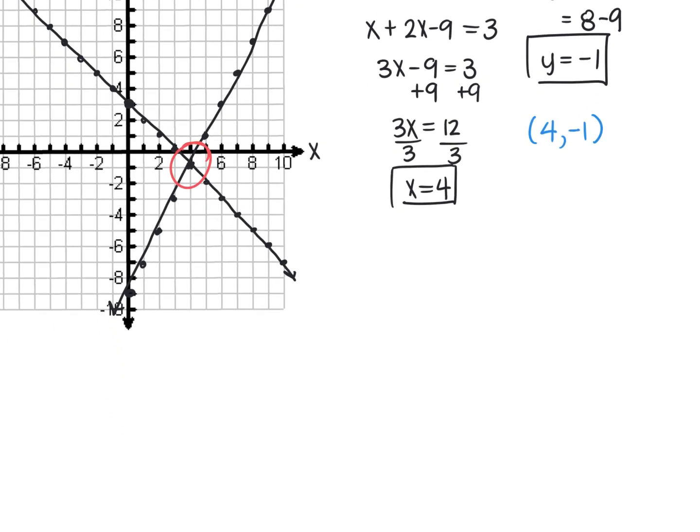And the last method we're going to do is elimination. In order to solve a system of equations using elimination, they both have to be in what's called standard form, which means your variables, x and y, have to be on the same side, and your constant needs to be on the other.